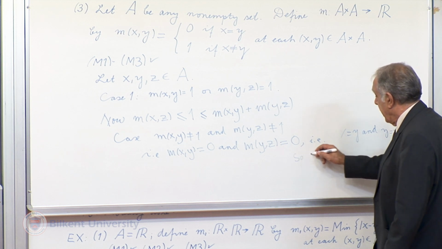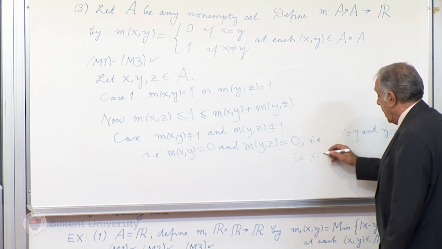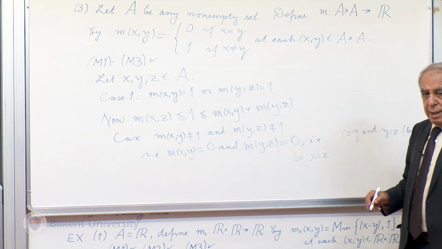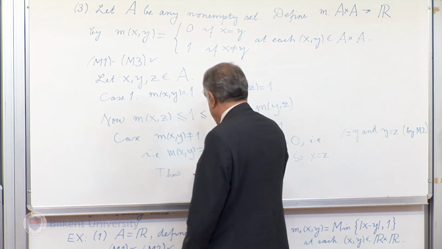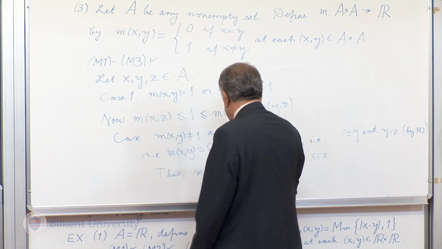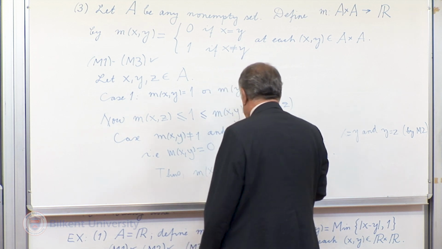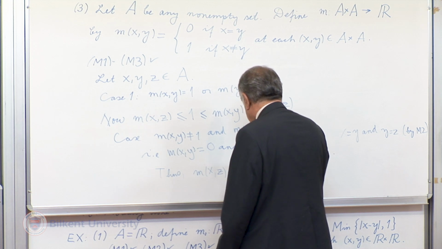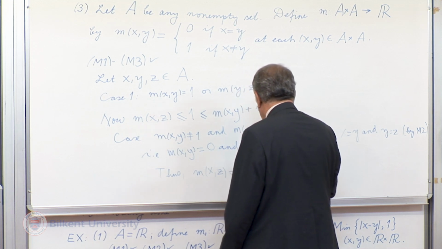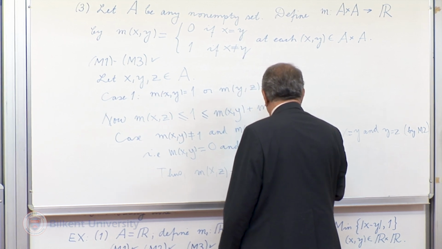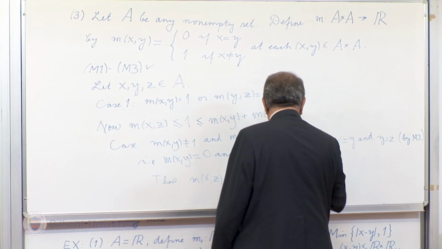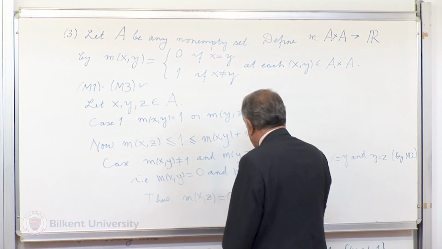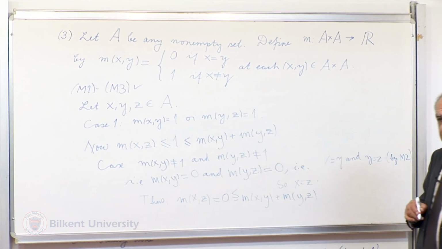So x is actually equal to z. Thus m(x,z) is equal to 0, which is equal to m(x,y) plus m(y,z), so I can write this as less than or equal to.